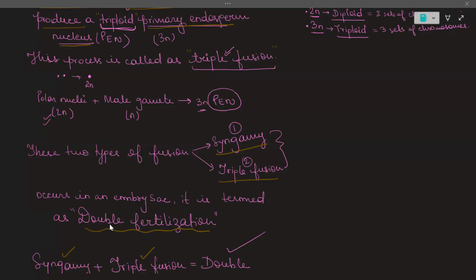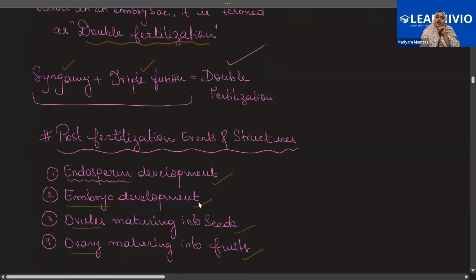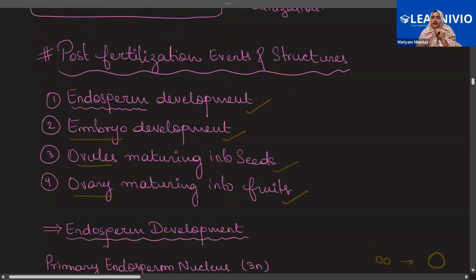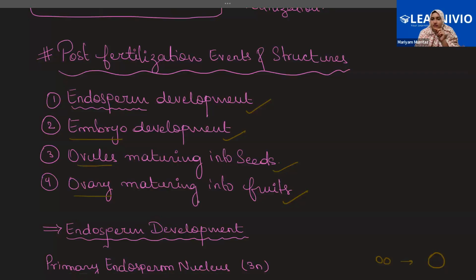All right, very good. Now moving forward, let us look at what happens after the fertilization has been done. Now, the post-fertilization events and structures, whatever is associated with post-fertilization. The first thing that will happen is the development of endosperm.